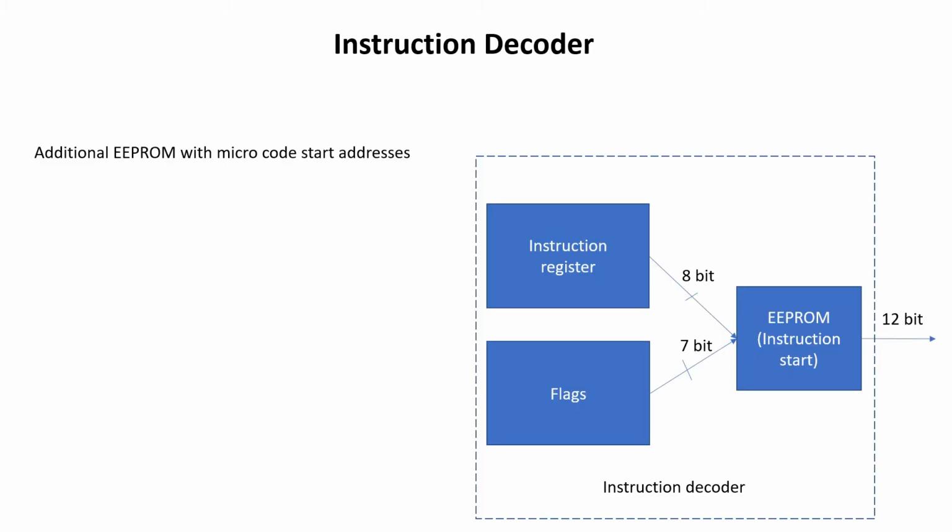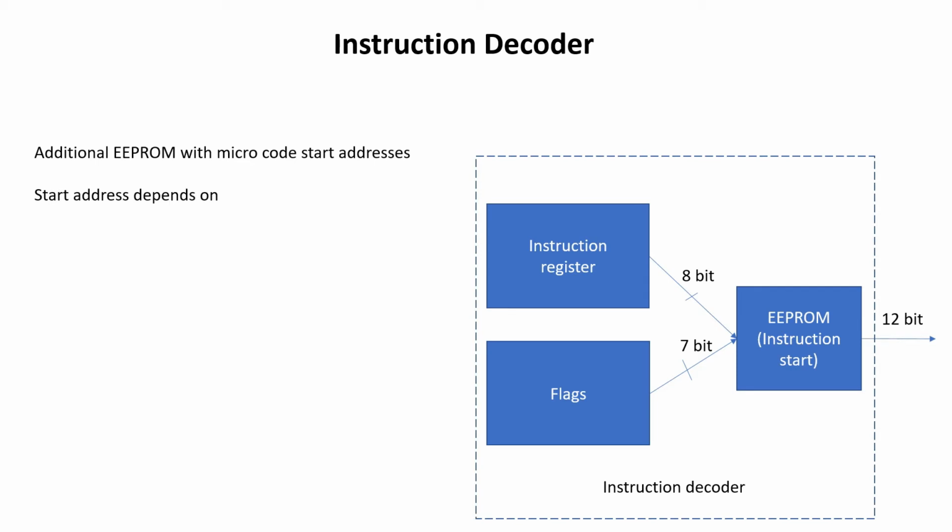So the question is, where does this new load address come from? And this is done by the instruction decoder. So there is an additional EEPROM, or more than one EEPROM, which holds the start addresses of the instructions that are implemented in my CPU.